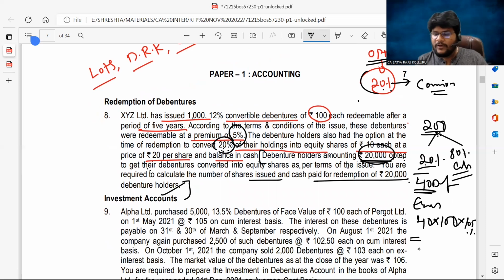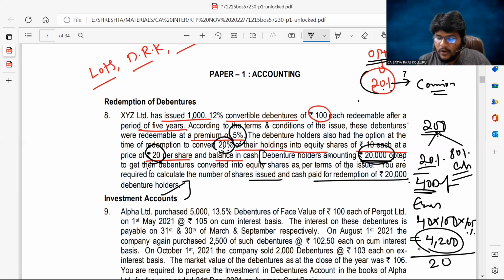How much worth of equity shares do we need to issue? 40 into 100 into 105%, 4,200 worth of equity shares. Each equity share price was 20 rupees. It was given: equity share price 20, face value 10. 4,200 divided by 20, I need to issue 210 equity shares.